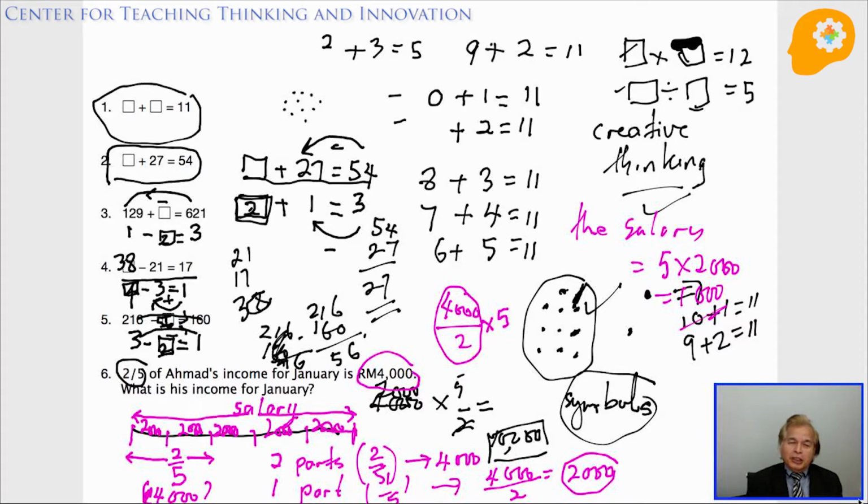So two things here that you can develop: a deeper understanding of fraction, as well as teaching your children higher order thinking, critical thinking, and creative thinking along with the content.